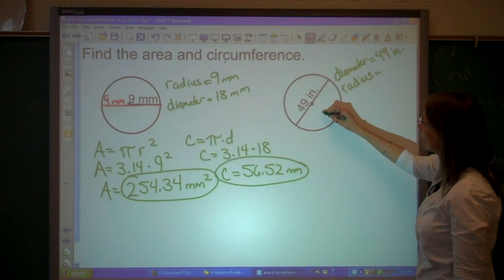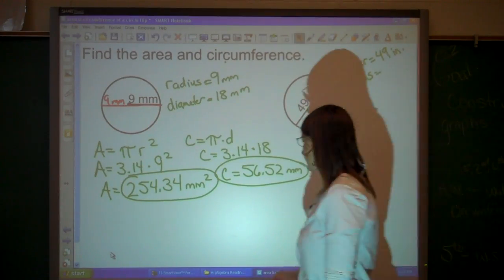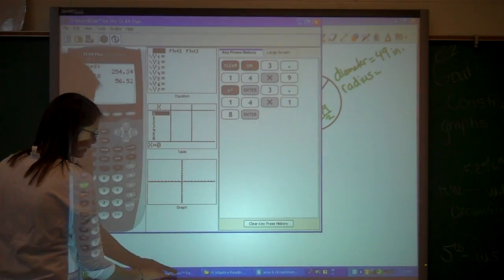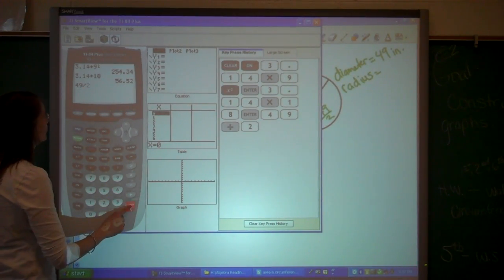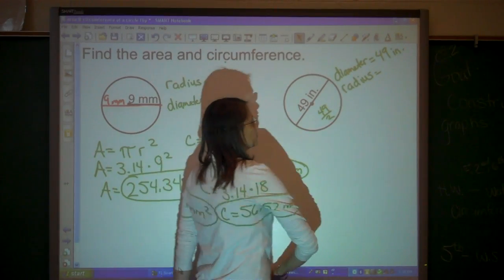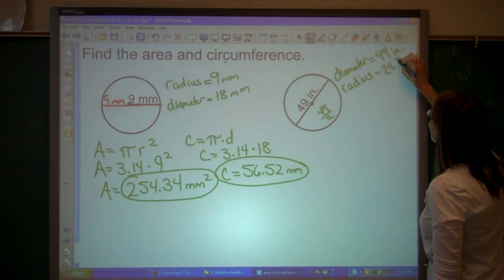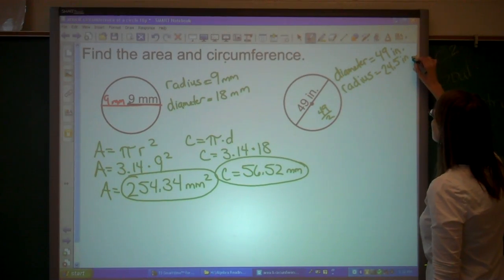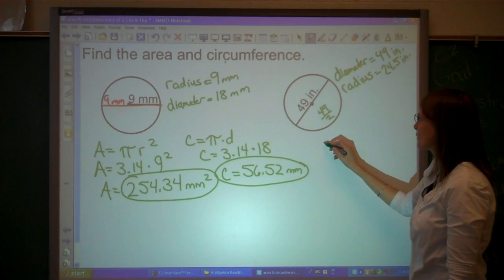So I'm going to do 49 divided by 2 this time, to find out what half of that line is going to be. 49 divided by 2 gives me 24.5. So the radius here is 24.5 inches. And now I can plug those into my formula and find the area and circumference.